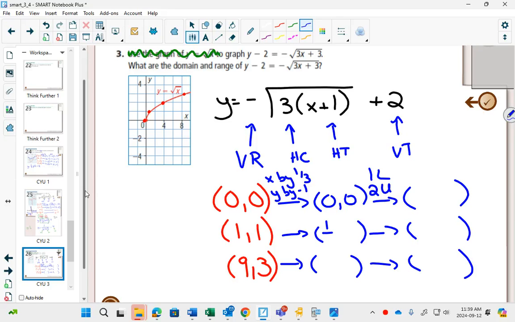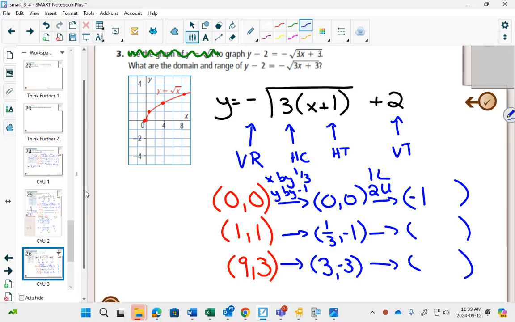For 1, 1, x by 1/3 gives 1/3, -1. Why did I choose 9, 3? Because it divided nicely by 3. So 9 just becomes 3, and 3 times -1 is -3. Next, my translations, I need to go 1 to the left, so -1.